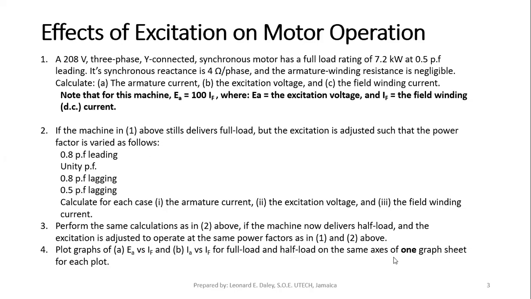So you'll actually have two graphs, one for A, EA versus IF, and the other one for B, IA versus IF. But on each of the graphs, you will have these values plotted for full load and for half load. So you will see what we're talking about if you haven't read the notes yet.